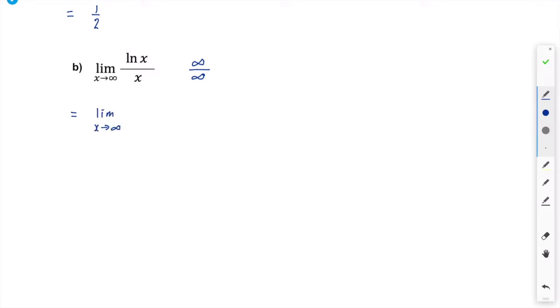So now let's apply L'Hopital's rule. Derivative of ln x is 1 over x. Derivative of x is 1. Now I have 1 over a number that is very, very close to infinity. So we're not really dividing by infinity, but we know the result will be very small, close to 0.